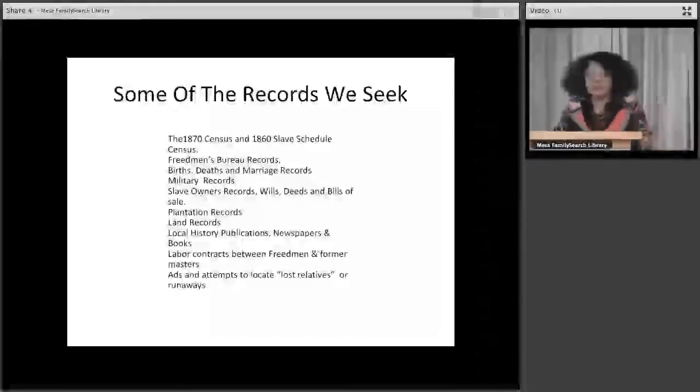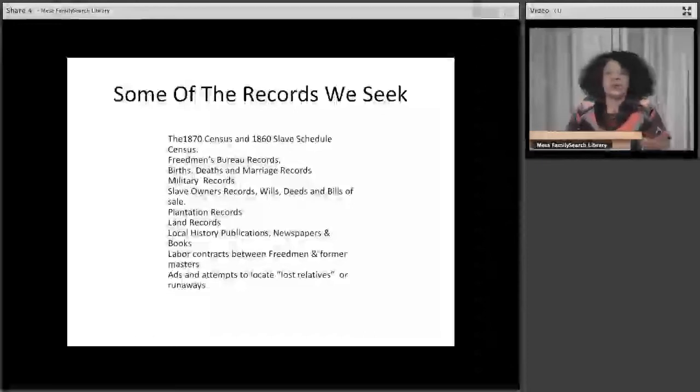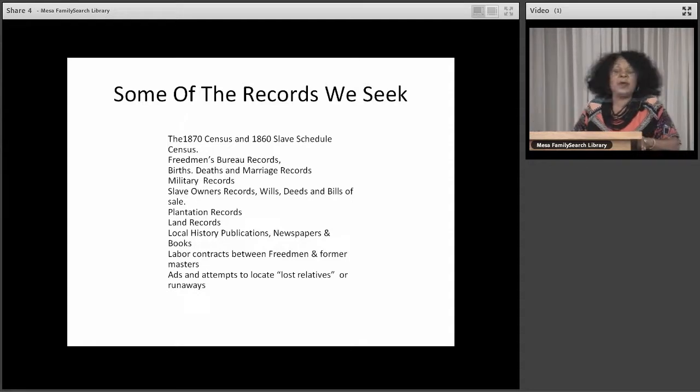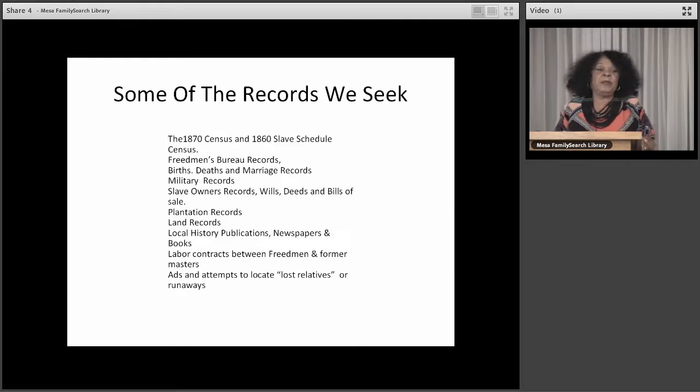We want to find our ancestors on the 1870 census. This was the first census that African Americans appeared on as citizens. This was after the Civil War, after they were emancipated. Free people of color have been enumerated since the very first census in 1790. They only list the surnames, and they're listed by state.